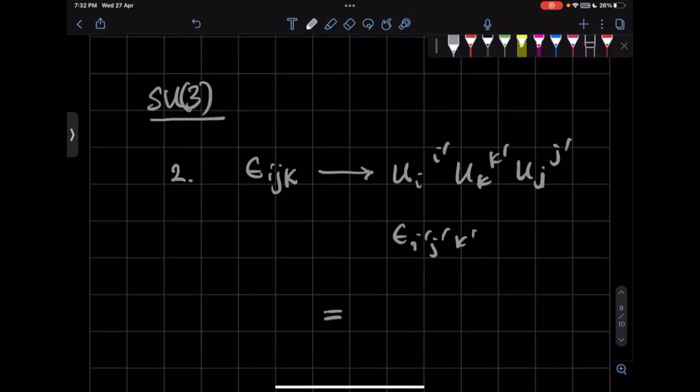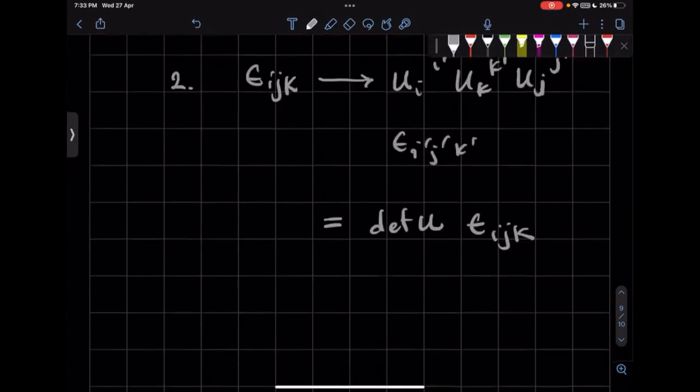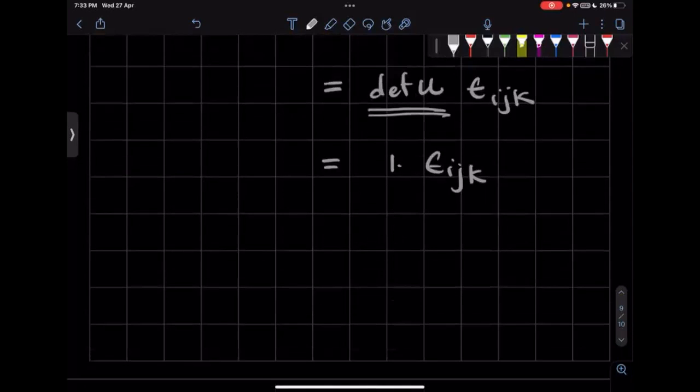But we know from the definition of the determinant, this is nothing but the determinant of U times epsilon ijk. But for SU(3) matrices, the determinant of U is 1, right? So we get 1 times epsilon ijk. So we see that for SU(3), this is an invariant tensor. There's another one, which is epsilon ijk upstairs, because there we get the determinant of U dagger times epsilon ijk upstairs, but U dagger is in the same group, so this is also 1.